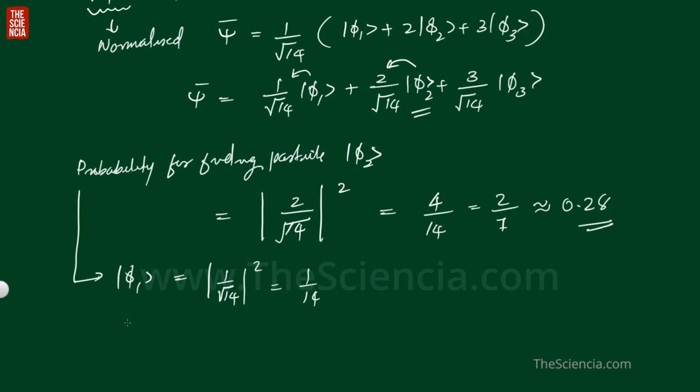And the probability of finding the particle in psi 3 will be equal to the coefficient of psi 3, that is 3 by root 14 squared, which is equal to 9 by 14. Now if you add these probabilities, you will get a value equal to 1. That is the total probability of finding the particle is 1. Okay, and that probability is distributed among different states.